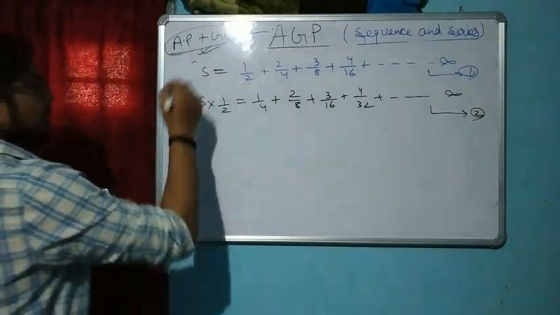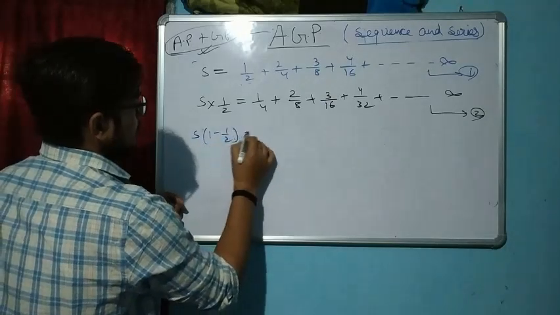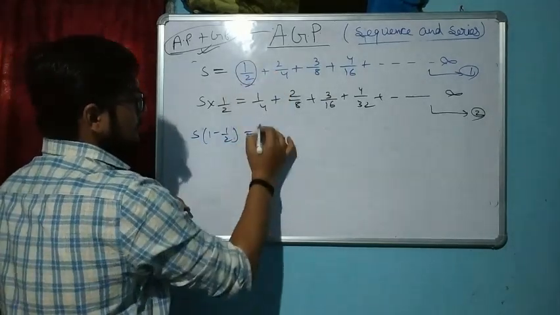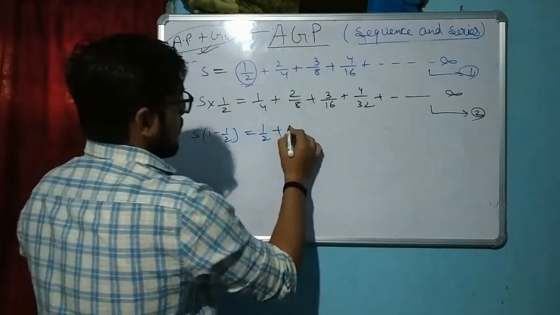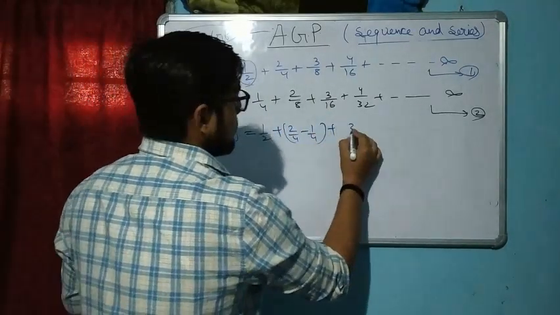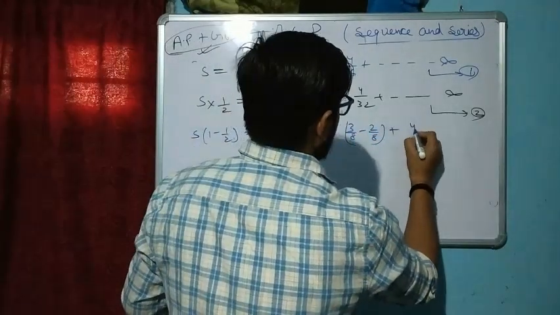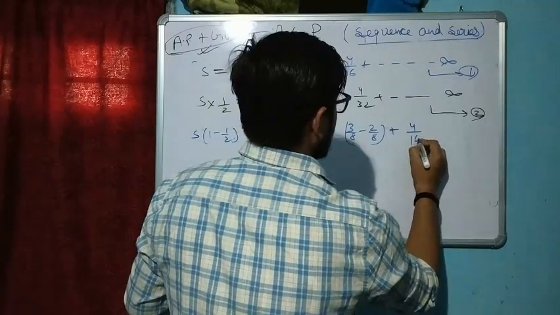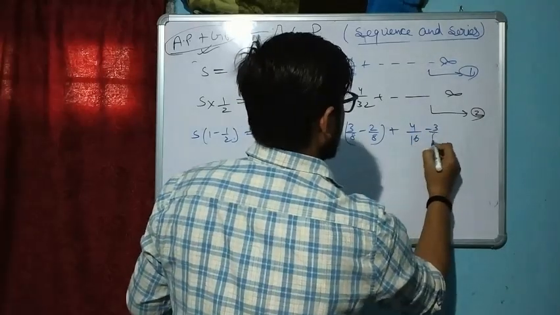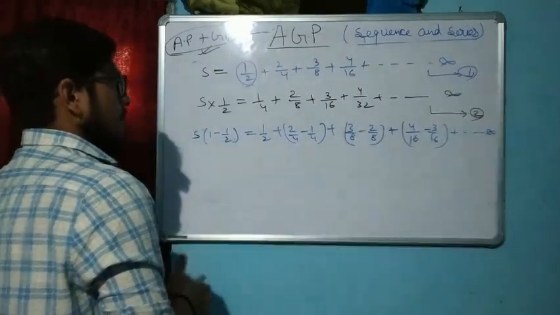Now if you subtract this, you will get s into 1 minus 1 by 2. 1 by 2 as it is, you will write this term, and 2 by 4 minus 1 by 4, then 3 by 8 minus 2 by 8 plus 4 by 16 minus 3 by 16, and so on it will continue.